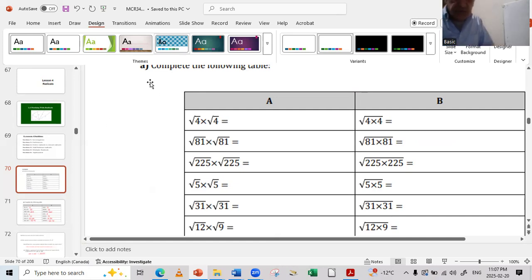Let me stop the share and go right now into the radicals and how to calculate the radicals. So here we go.